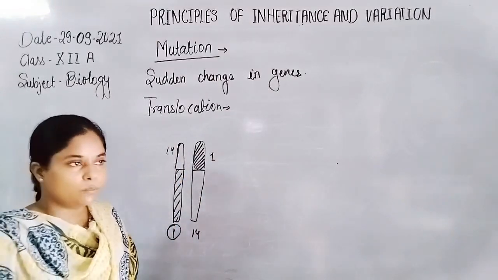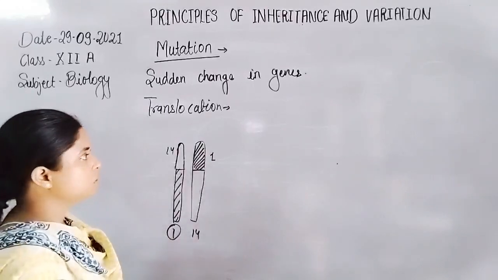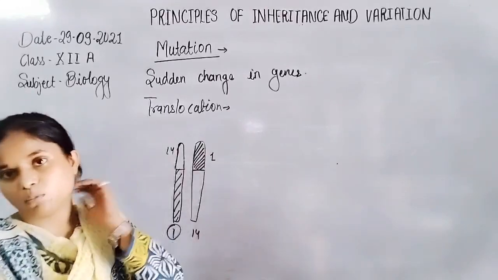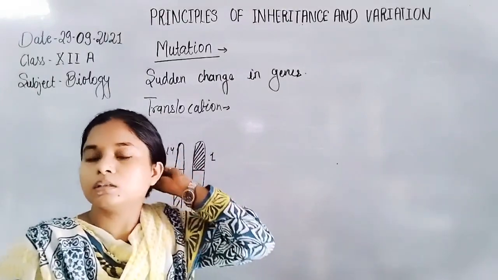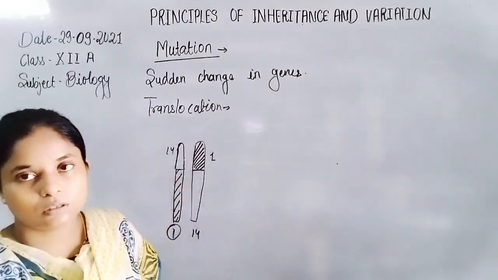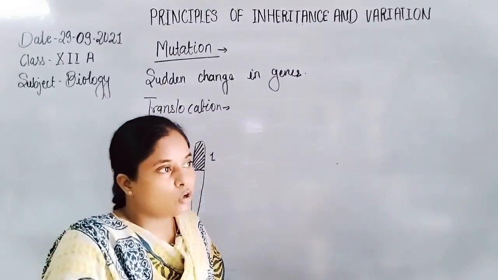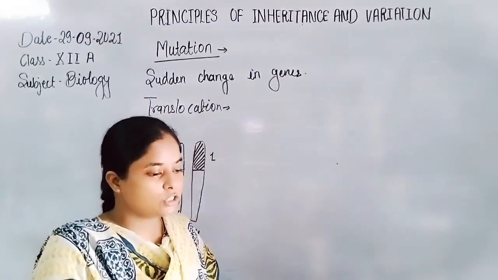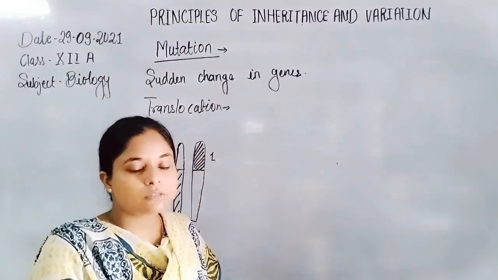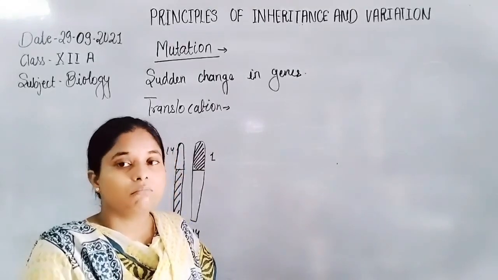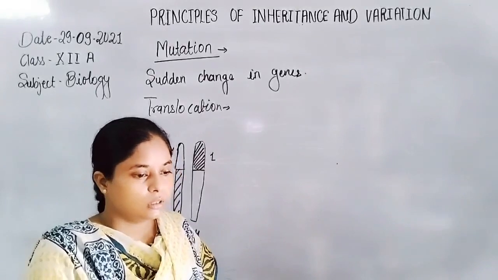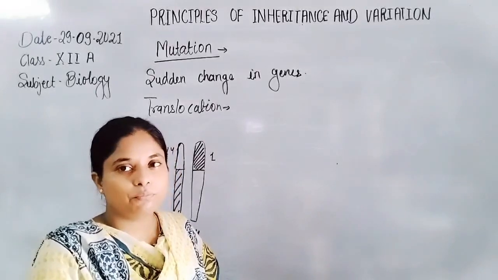Now in the chapter you will discuss sickle cell anemia, which is a point mutation, and thalassemia, which is also a point mutation that takes place in chromosome number 11 and chromosome number 16, but it is a point mutation.